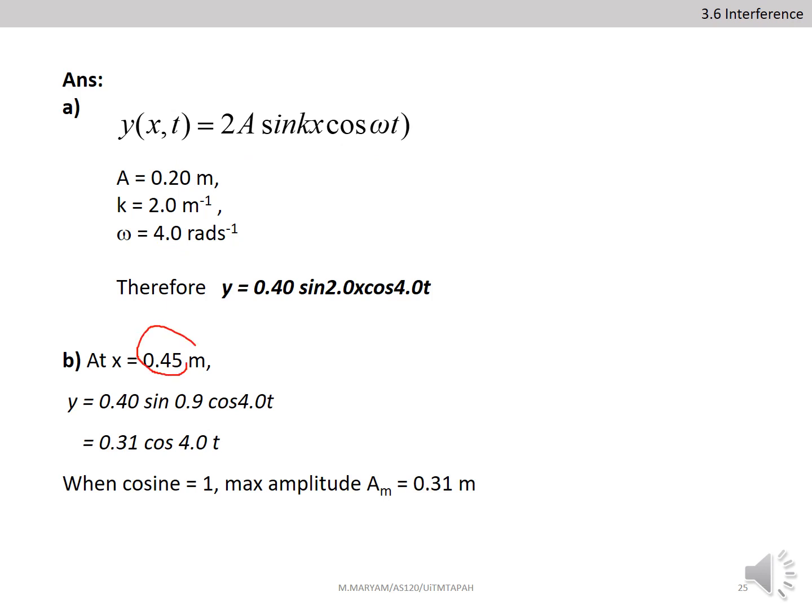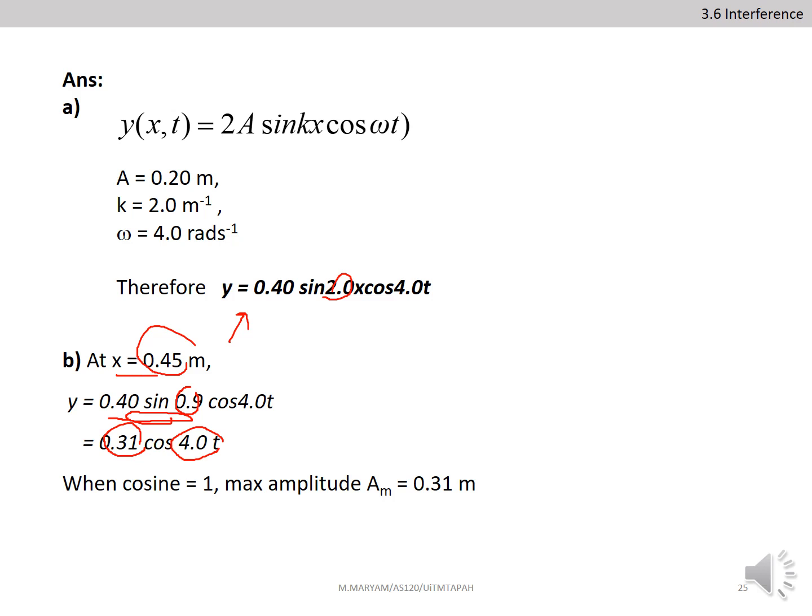Then B, the question asks for the amplitude when x equal to 0.45 meter. So we just substitute the value of x in the equation from part A: 0.4 sine, 0.45 times 2 here, so we got 0.9, cos 4.0t.